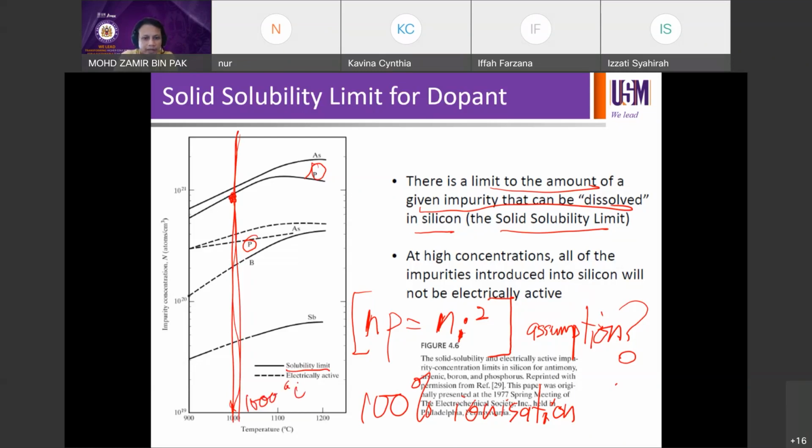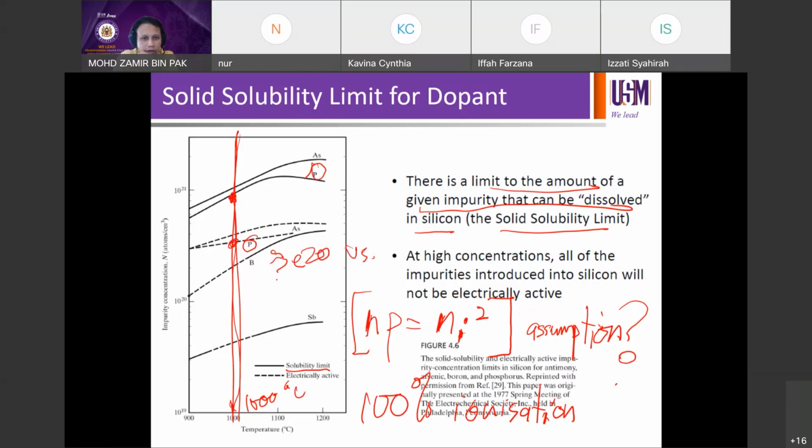But the amount of electrically active phosphorus, on a logarithmic scale, is probably around 3 times 10 to the 20.